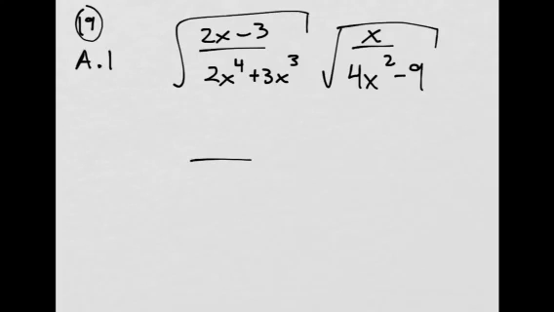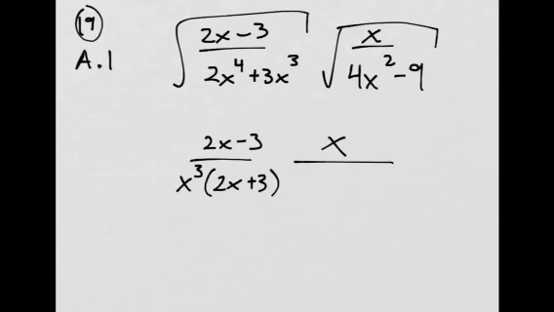First, in this numerator, we'll factor out, what was it, an x cubed? And we have 2x plus 3 left over. We have 2x minus 3 in the top because we didn't do anything to that. The top of this one will stay the same. This part right here is a difference of squares.